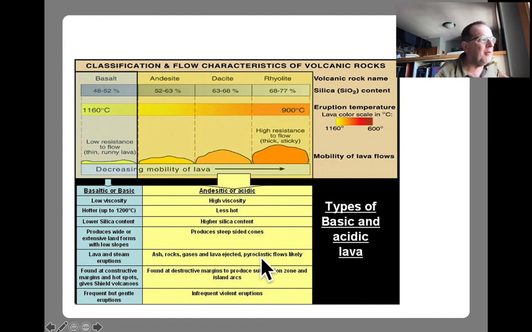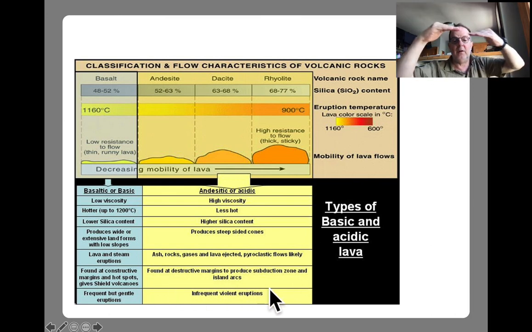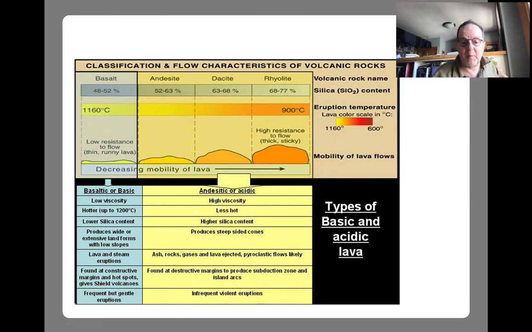Pyroclastic means fiery fragments are flowing out of the volcano. Found at destructive margins to produce subduction zones and island arcs. So this is how we get new land where there's subduction. So the island of Japan is a product of this kind of volcanism. And they're infrequent. The basaltic can be frequent, but they're not as explosive. And I think with that, we are done.